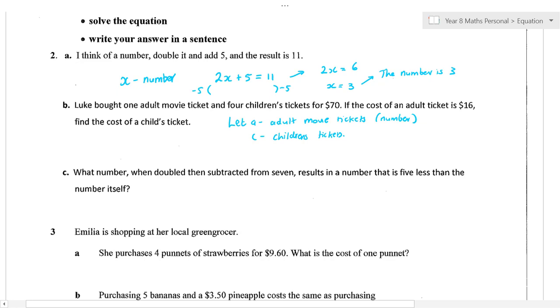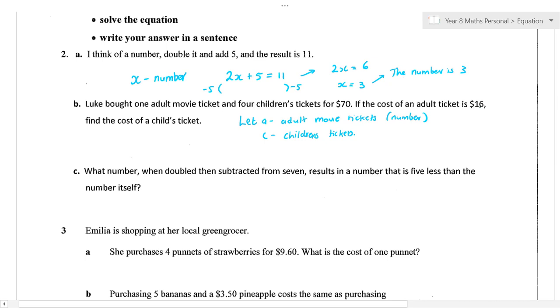Now, if he bought 1 adult movie ticket and 4 children's tickets for $70, and the cost of an adult ticket is $16, so that's the cost of an adult ticket and the cost of a child's ticket.